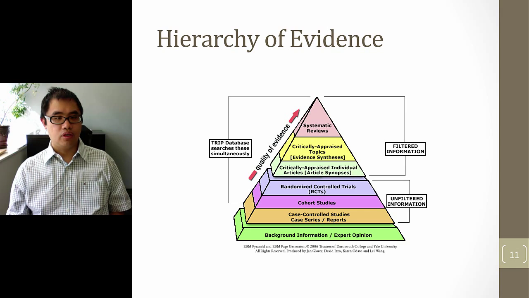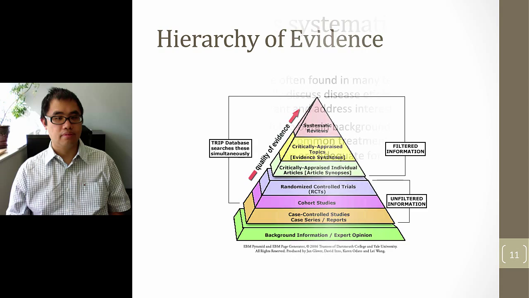These are what we call so-called filtered information. Unfiltered information tends to be primary studies like RCTs, cohort studies, and case-controlled studies. And the weakest level of evidence, of course, is expert opinion or simply background information.